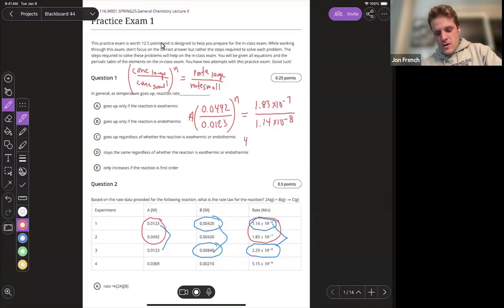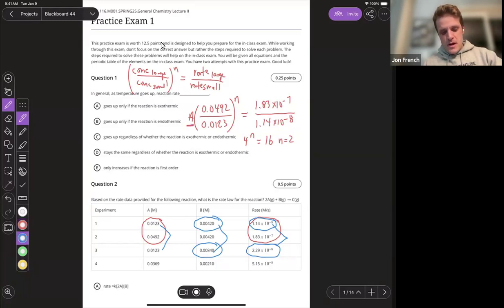Yeah, so we get 4 raised to the n equals, and then I've got 16 for this one. So 4 raised to what power equals 16, right? We know 4 squared equals 16. So that tells us n equals 2 for A.